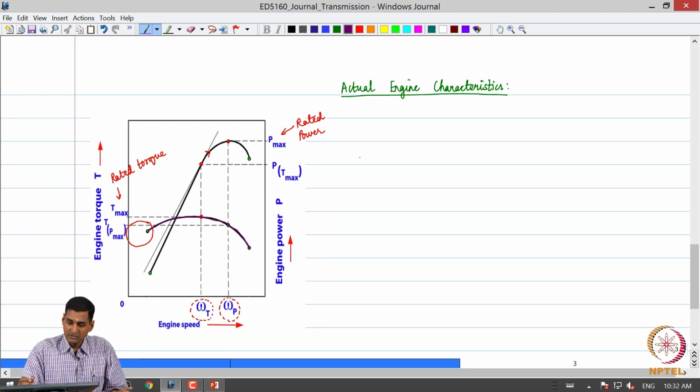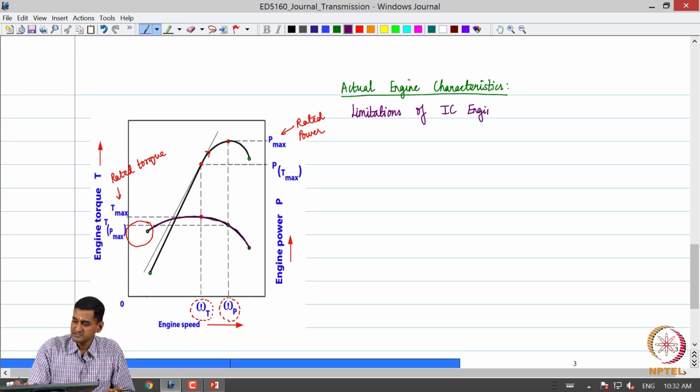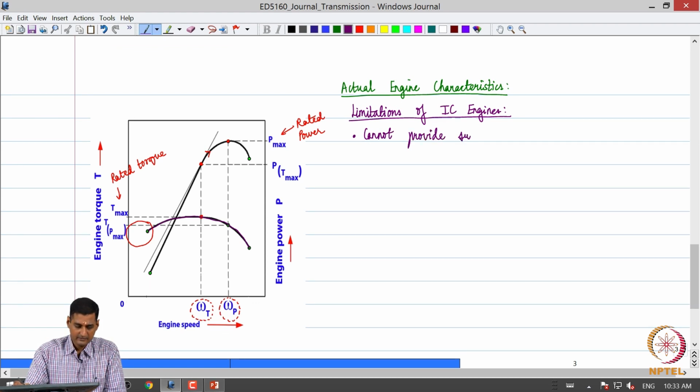Let me first write down the limitations of an IC engine, which then motivate the transmission as we use it today. The IC engine cannot provide sufficient torque at near zero speeds.